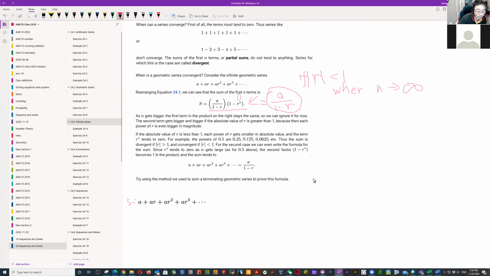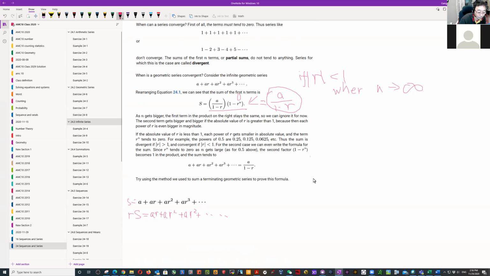Then we scale on both sides. This is the infinite sum. If we scale by r, it's going to be ar plus ar squared plus ar cubed plus whatever. Do you see that the difference between the finite sum and the infinite sum is that when dealing with an infinite sum, there's no tail term, so there's no surviving tail term.